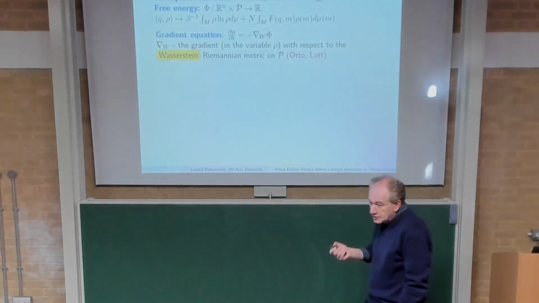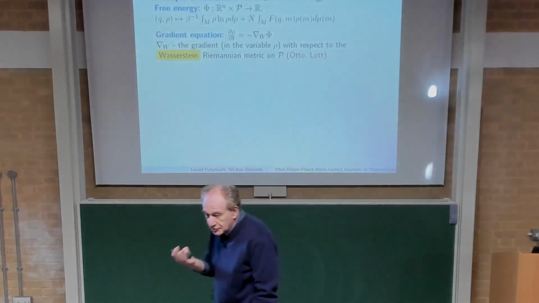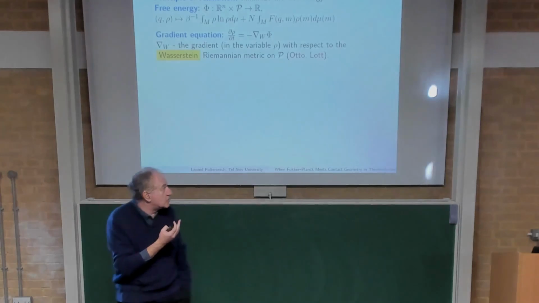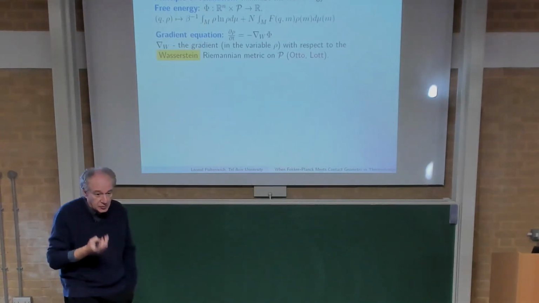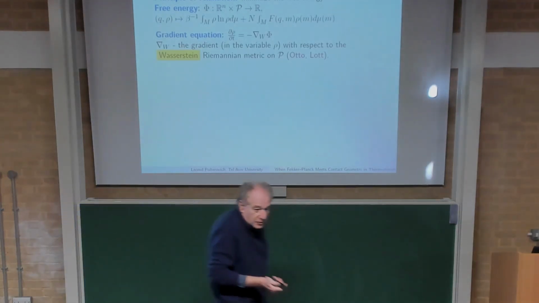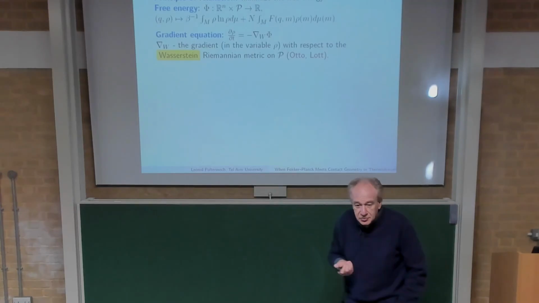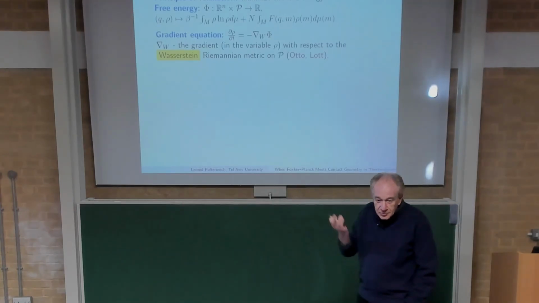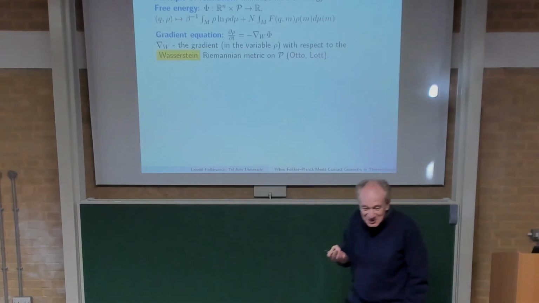I think Otto observed that the gradient flow with respect to Wasserstein of free energy is Fokker-Planck, which is of course a remarkable thing because the Fokker-Planck equation was known probably in the first half of the 20th century, and Wasserstein I've seen by my own eyes.